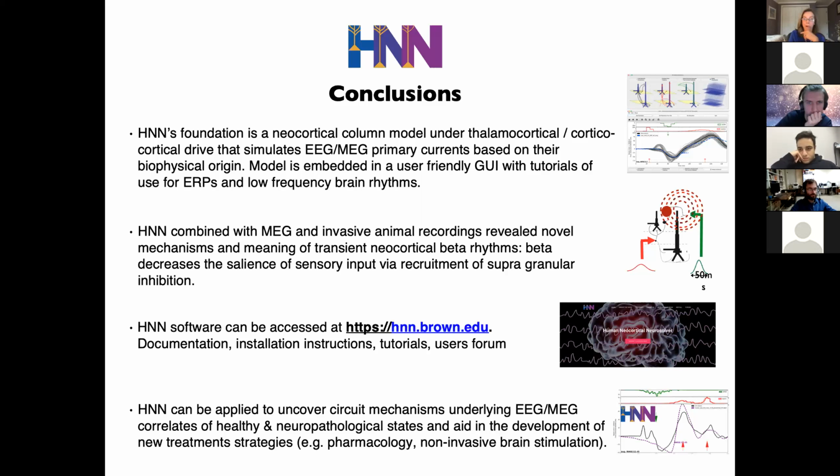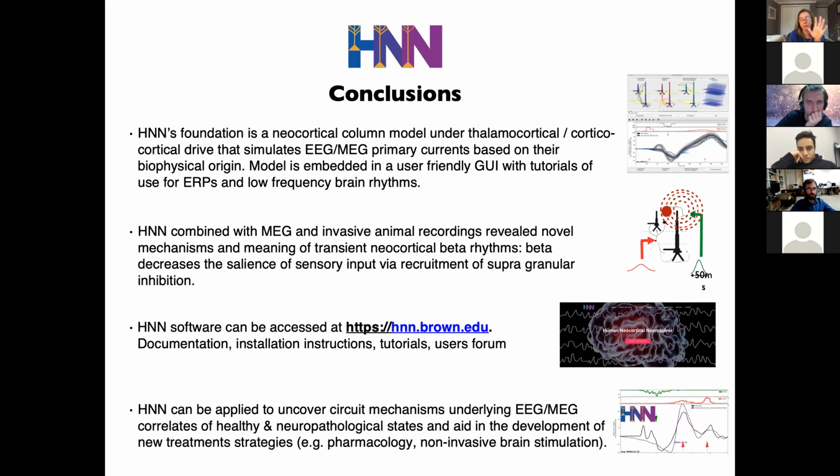I see. Okay. Then the next question is, alpha is often associated with information inhibition, I believe perception inhibition. Did you observe any relationship differences between alpha and beta in your studies? Yeah, we have observed some interesting differences.